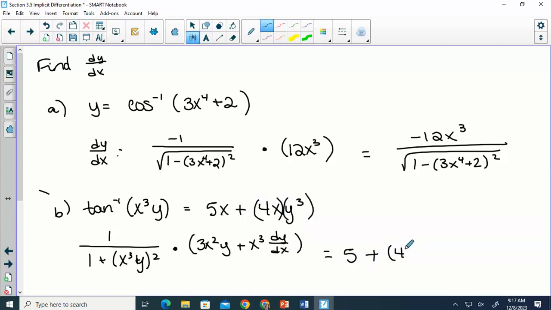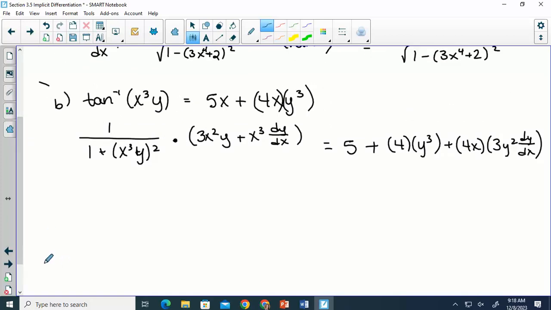So derivative of the first times the second plus the first derivative of the second. Okay. Very ugly, for sure.